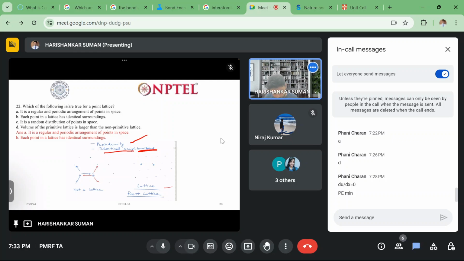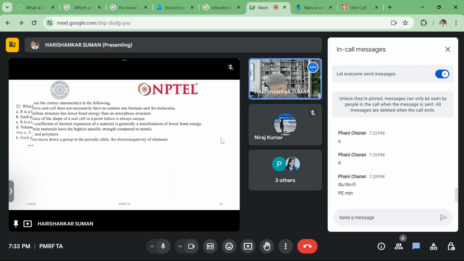Okay. Next question is this. Pick out the correct statements of the following about the primitive unit cell, crystal structure and choice of the cell. This is also the lattice, thermal coefficient, electronegativity. We have discussed all these things. So please choose the right options. In previous slides, we have already discussed all these things.